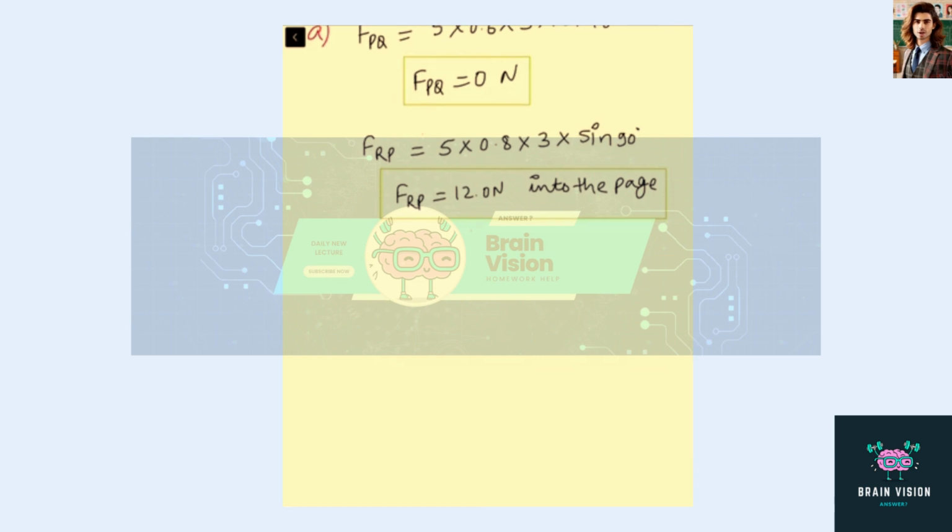Okay, now the force on wire QR. F_QR will be equal to I, that is 5, L is 1 and B is 3, and sin theta. Sin theta can be calculated as 0.8 divided by 1, that is 0.8.